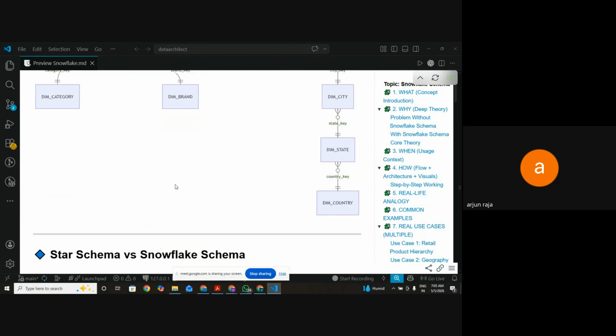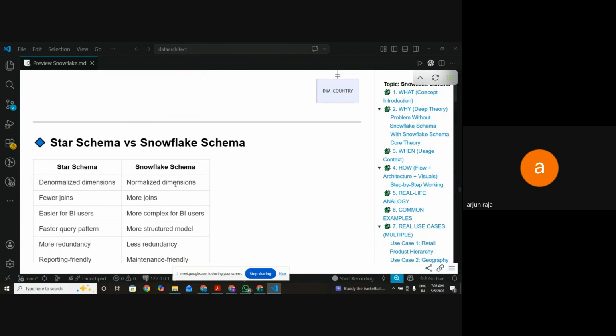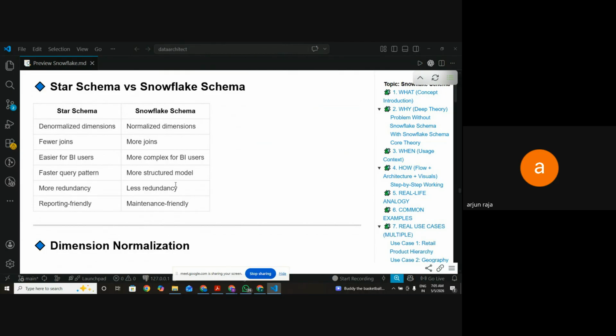Star schema versus Snowflake schema difference. Yeah, this is important. Star schema will have denormalized dimensions; Snowflake will have normalized dimensions.